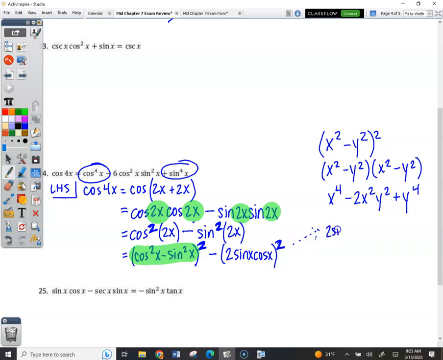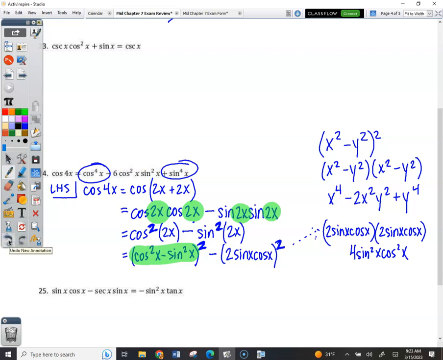That's 2 sine x cosine x times 2 sine x cosine x. So that's where you get 4 sine squared cosine squared, which is on the verge of my answer. I'm getting there, closer and closer.